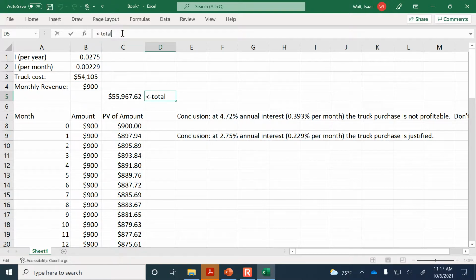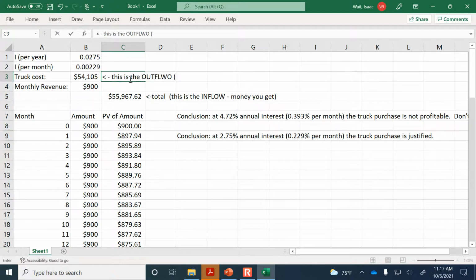Because the inflows, here's your profit. Let me label this. This is the inflow. Money you get. And then this is the outflow. Money you spend. So right now, at 2.75%, the inflow is bigger than the outflow.